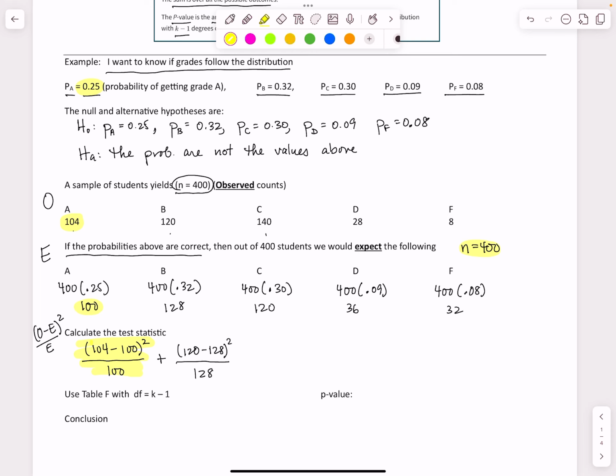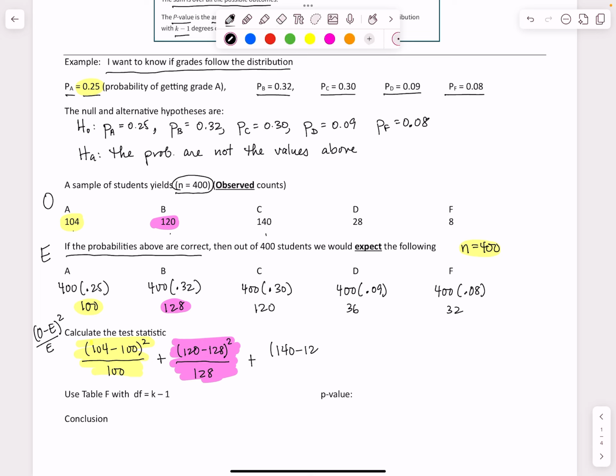So let's go pink. So for B's, I get this one. Then work your way down. Do it for all the rest of them. So I expect 120 C's. Excuse me, I'm looking at notes while I'm writing. I observed 140.